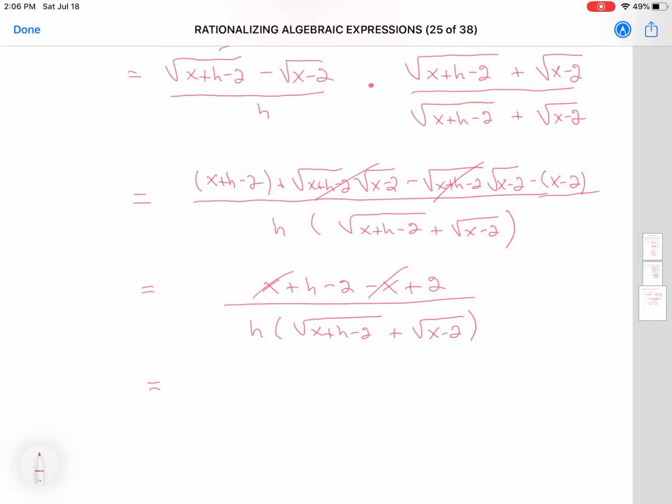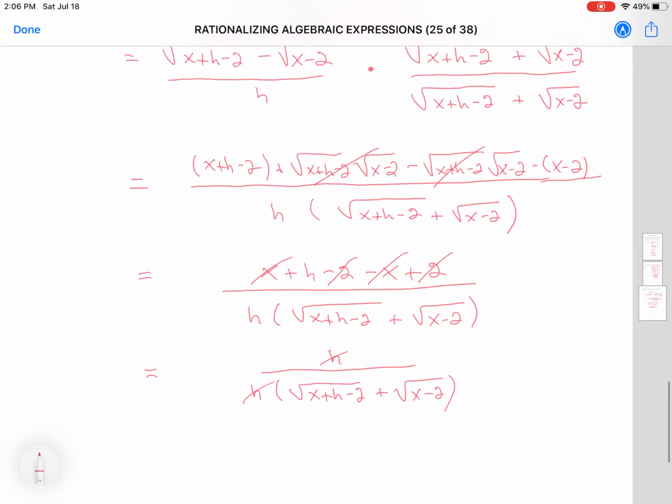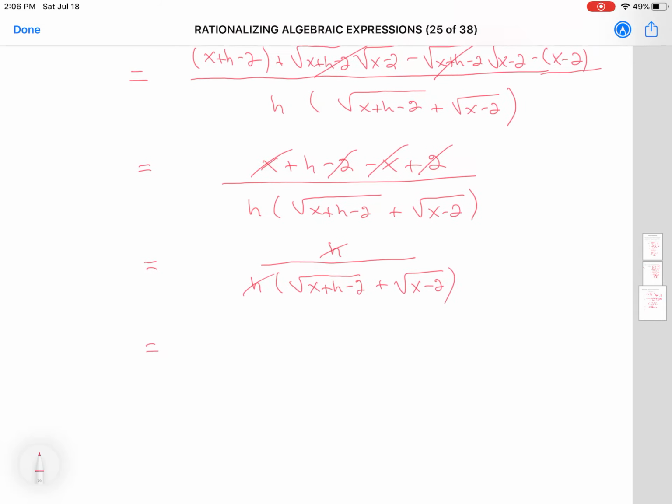Now what do we got in the numerator? We got x going away with minus x and minus 2 going away with plus 2. It appears that the only thing left is h, and conveniently there is an h downstairs for us to cancel in one little second.